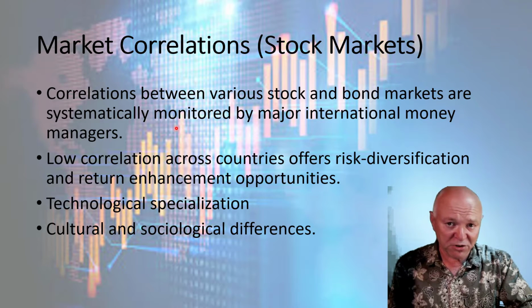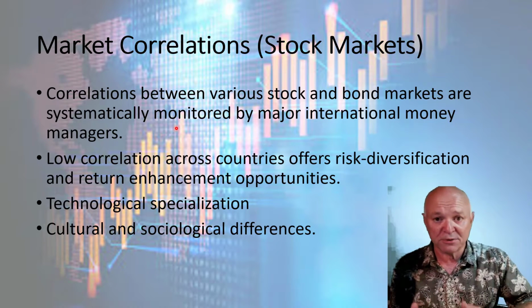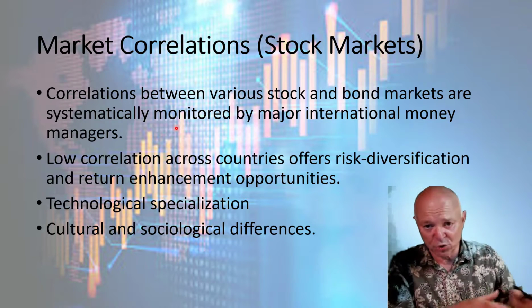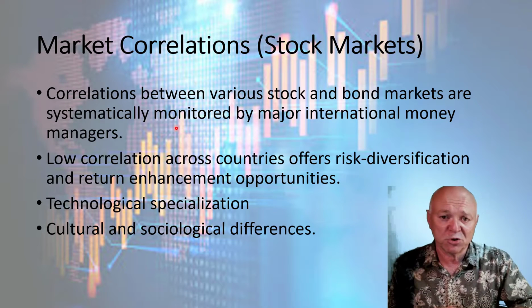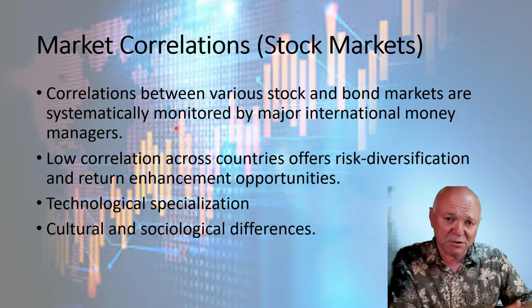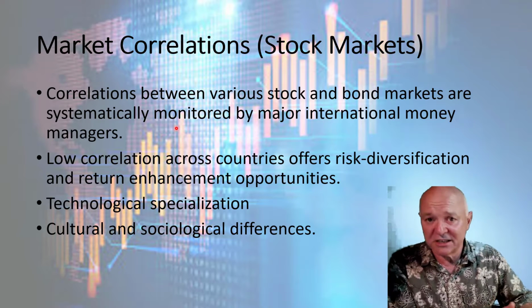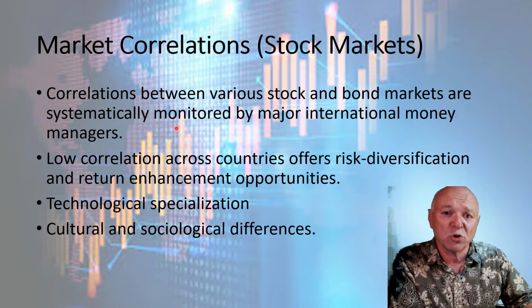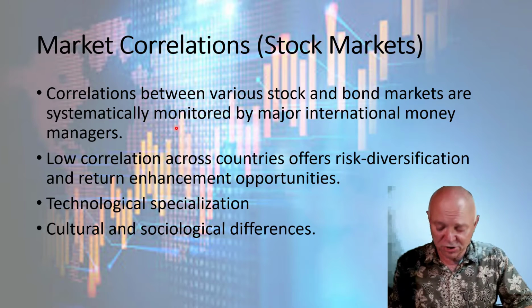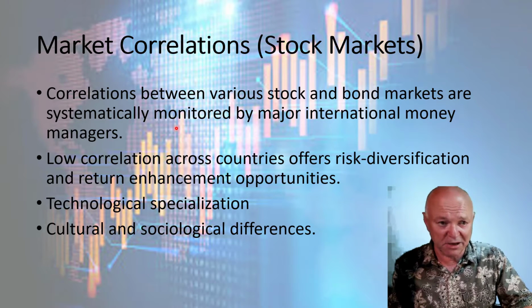There may also be certain kinds of technological specialization, or perhaps focus on different sectors, such as things like tourism versus being a resource economy, having more of a commercial economy versus a manufacturing economy, that will accentuate that low correlation coefficient. And as well, there may be cultural, legal, sociological, political differences that may affect this as well.